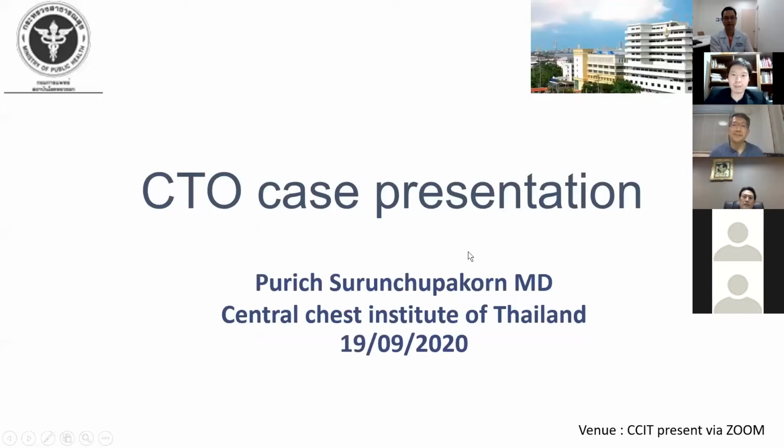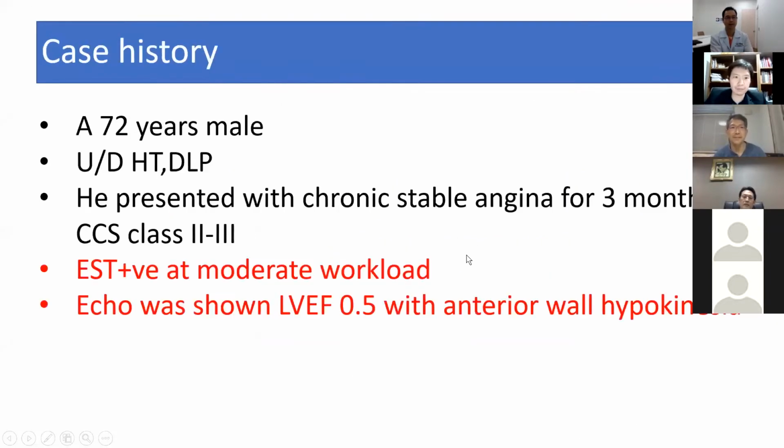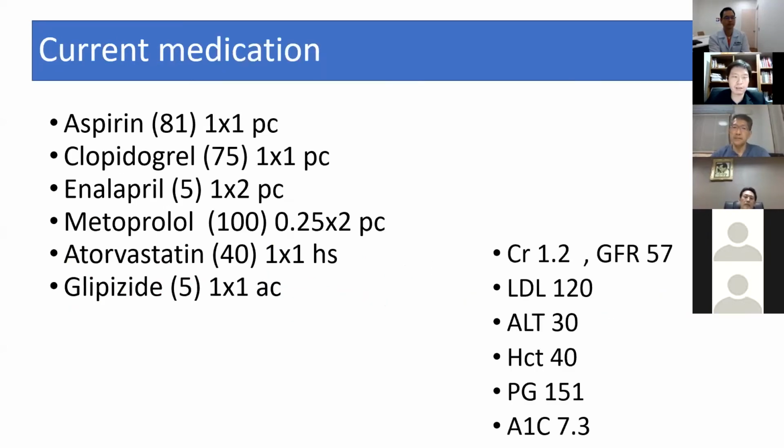My case is a 22-year-old male with risk factors of hypertension and dyslipidemia, and he presented with chronic stable angina for 3 months, and exercise stress test positive at moderate workload. Echo showed ejection fraction 50% with anterior wall hypokinesia. This is his current medication, and his kidney function is in the moderate range, CKD stage 3.